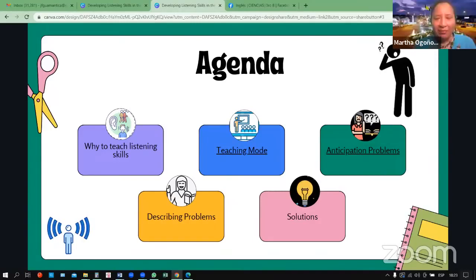As we know, in the teaching mode, we have the in-person class, and in the pandemic we started working with Zoom, Google Meet, and other online websites and apps.